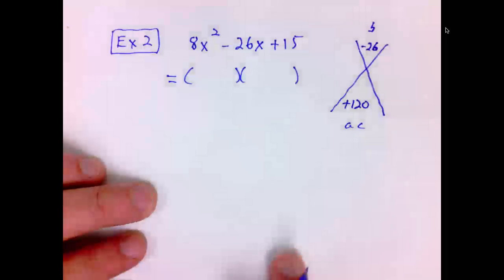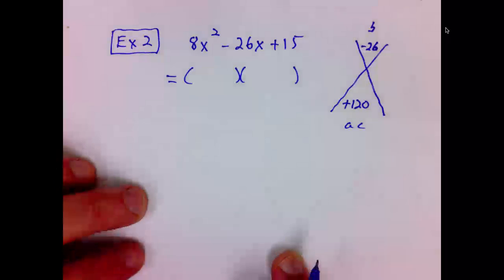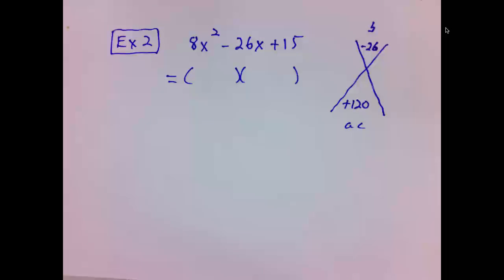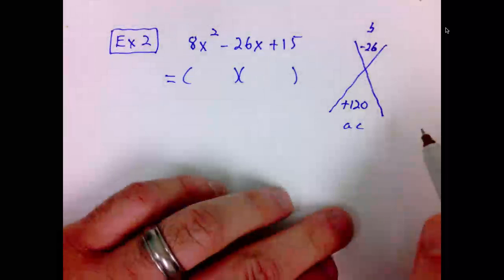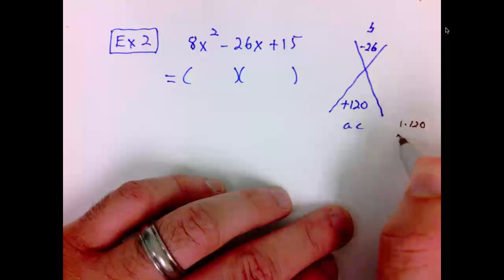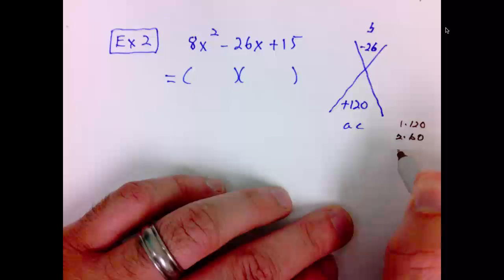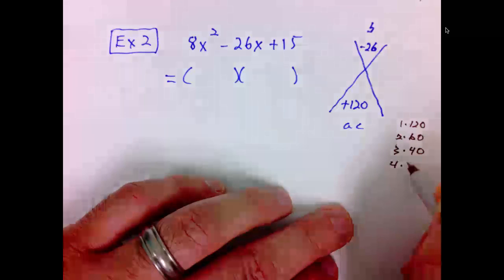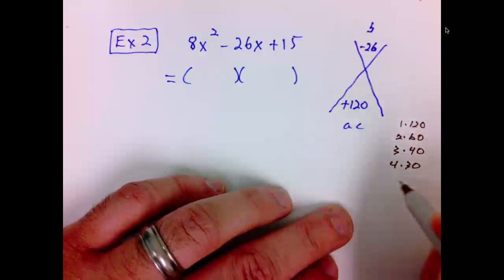Again, I want to emphasize the signs. Unfortunately, 120 has many paired factors. This is definitely a good situation to use the calculator. Could be 1 times 120. Could be 2 times 60. Could be 3 times 40. Could be 4 times 30. Could be 5 times 24.